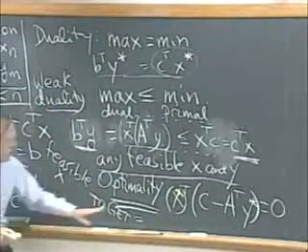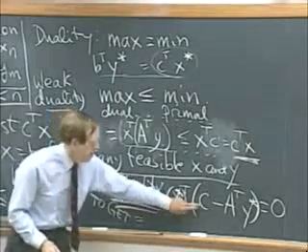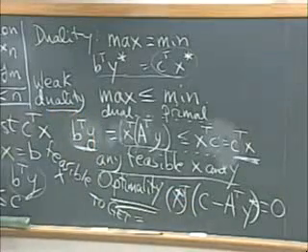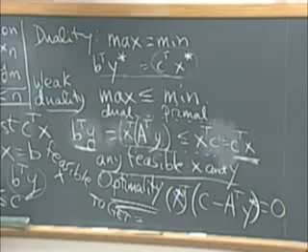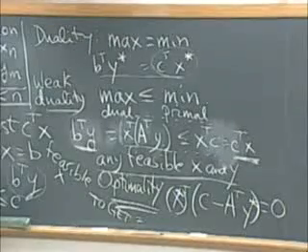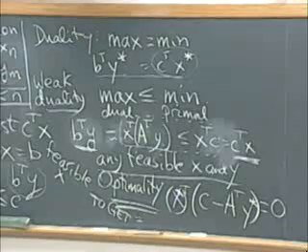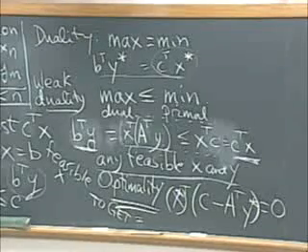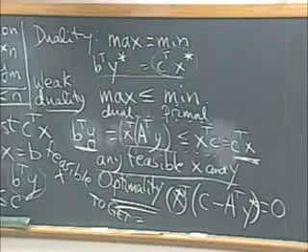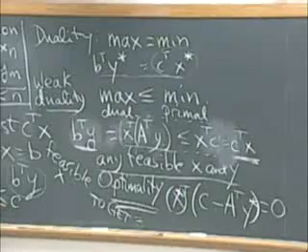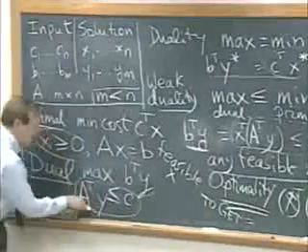And you see what's going on here? This is a dot product of two vectors. And what do we know about those vectors? Well, they're orthogonal, but then each of those vectors is non-negative. The x is non-negative, and the c minus A transpose y is non-negative.